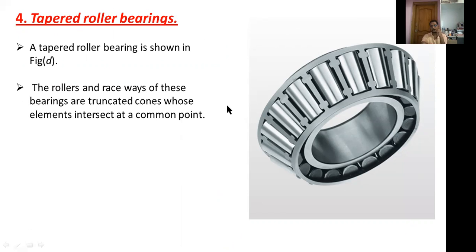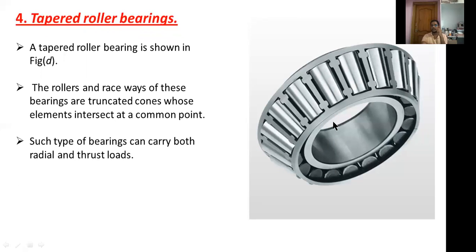The rollers and raceways of these bearings are truncated cones whose elements intersect at a common point. Such bearings can carry both radial and thrust loads. These taper roller bearings can carry the radial loads as well as thrust loads.